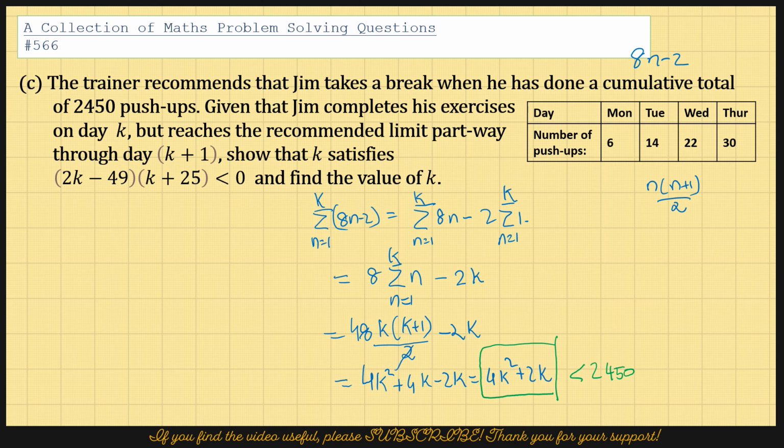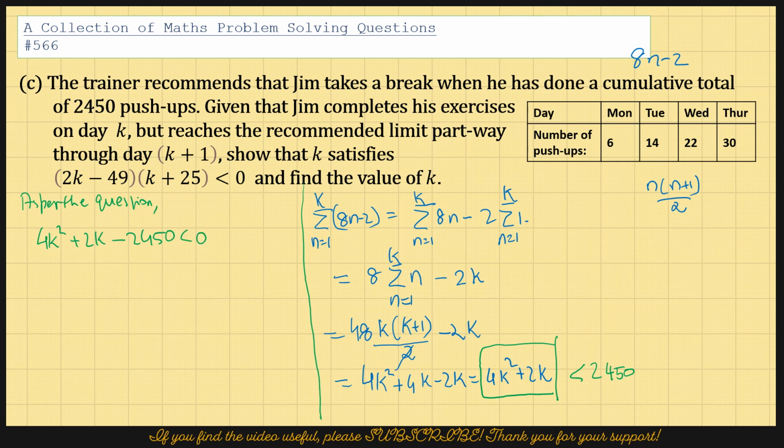As per the question, 4k squared plus 2k minus 2450 is less than 0.